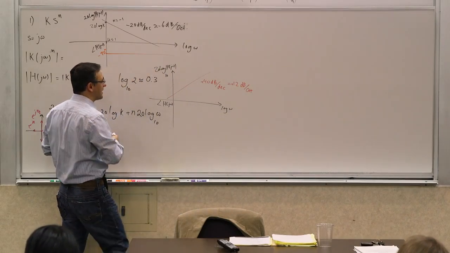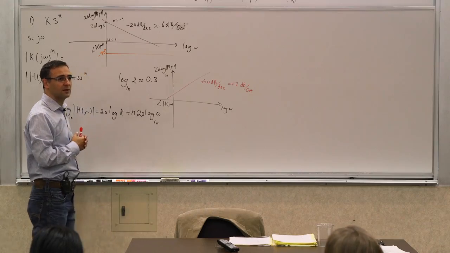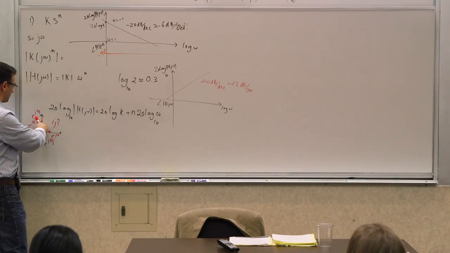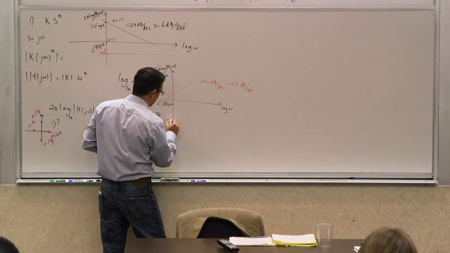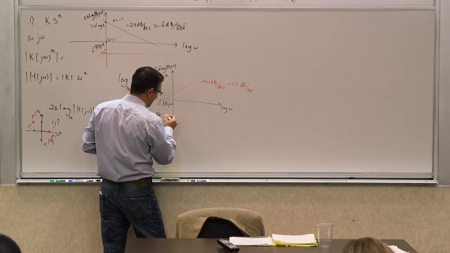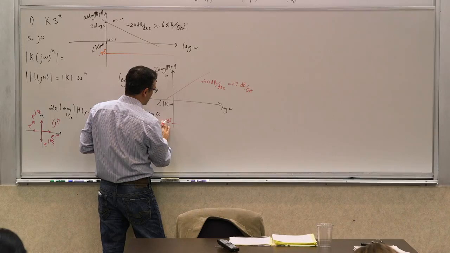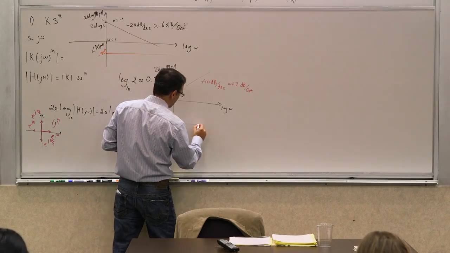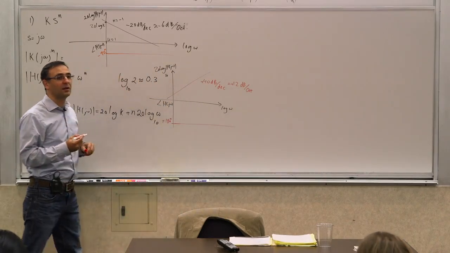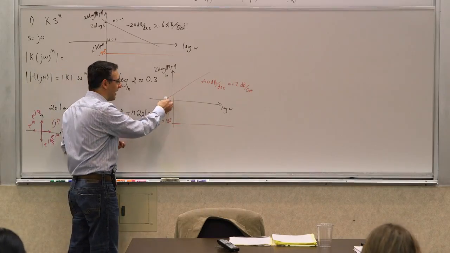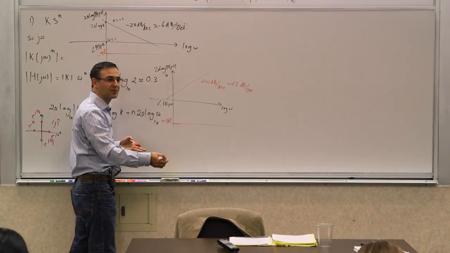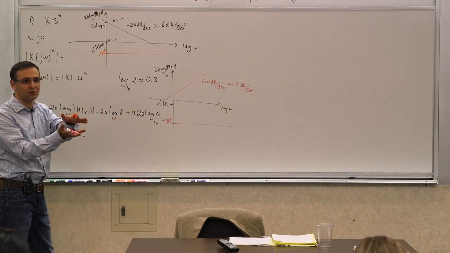And then how about the phase part? 180. Usually we look at these in the negative ones, but we can do the positive. That doesn't matter. Negative 180 and 180 are the same. So it should actually be plus 180 in this case if you want to do it correctly. I just have two different origins for this one and that one, so it's just two plots plotted next to each other.